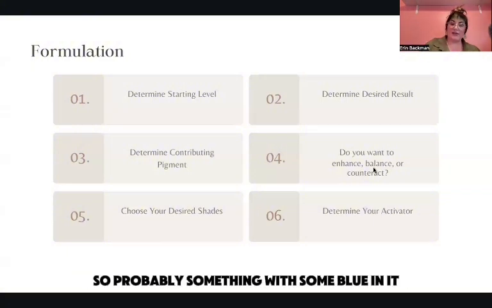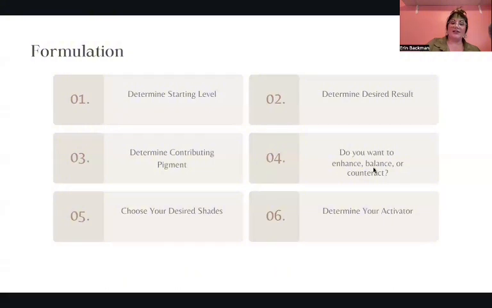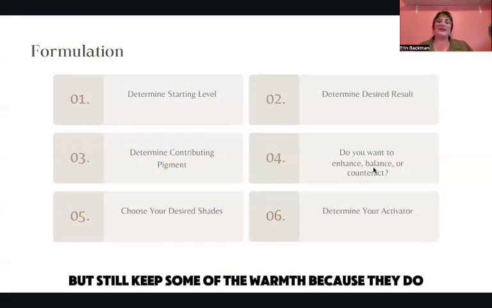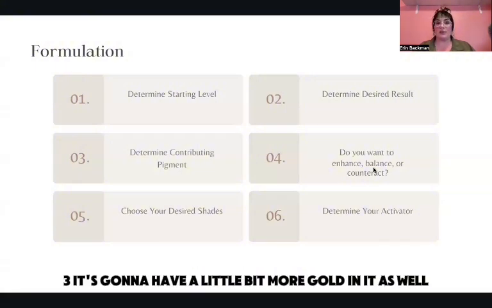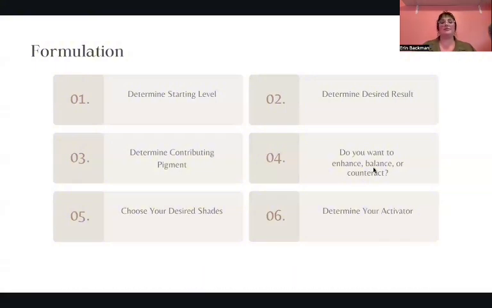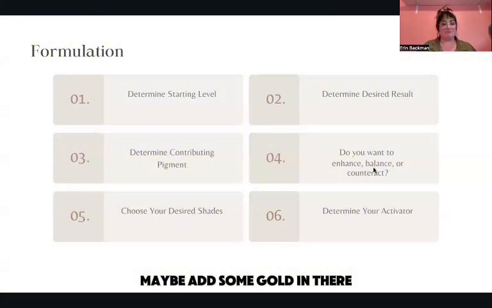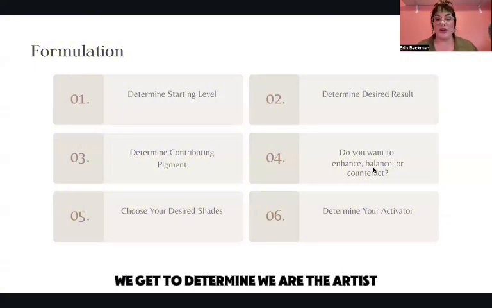So probably something with some blue in it to balance that out, but still keep some of the warmth because they do like that warmth. Because it's a 03, it's going to have a little bit more gold in it as well. So we may want to choose a 0, maybe add some gold in there. We get to determine. We are the artist.